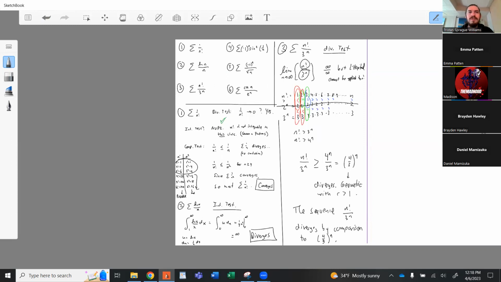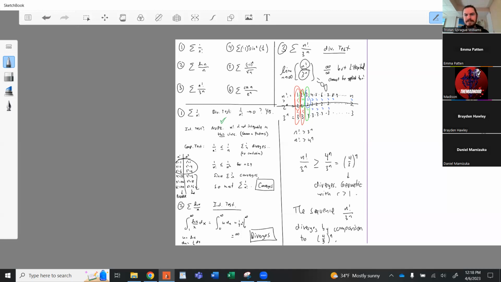So this is just the divergence test, remember? All we're doing is looking at the series and trying to figure out if the sequence we're adding up approaches 0 or not. It doesn't. It goes to infinity. This equals infinity. And so the series can't possibly converge. The sequence doesn't have the right behavior.